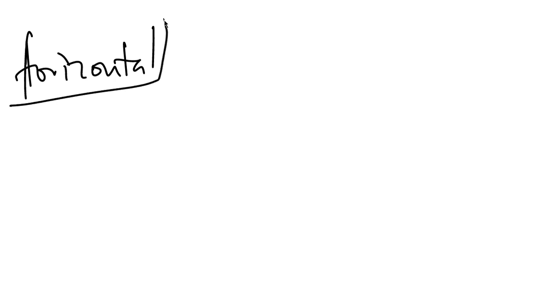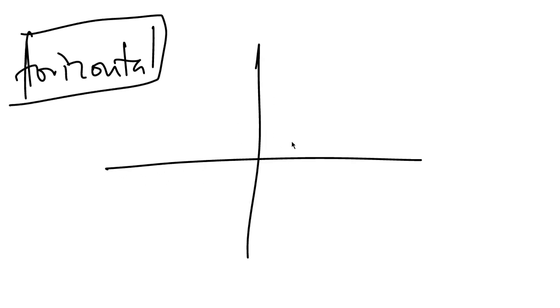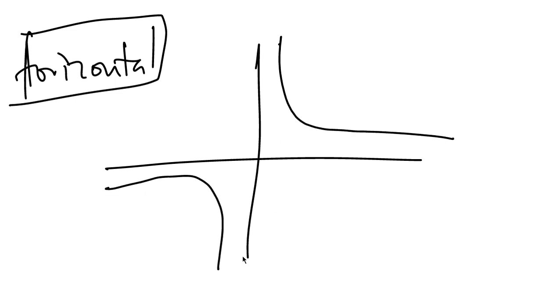But what if you are then asked for the horizontal? Remember that for the horizontal, x is going to approach infinity, just like in the case of 1 over x.